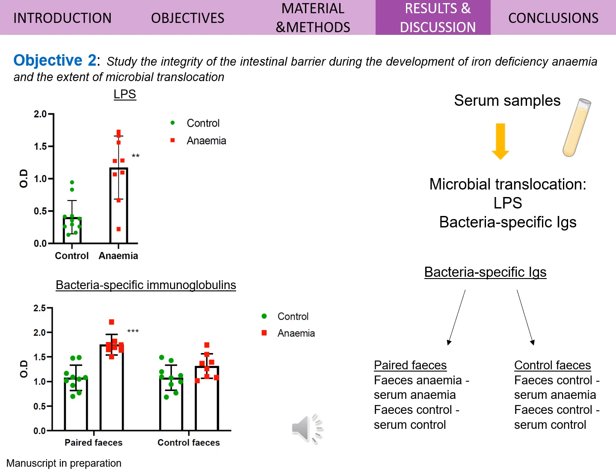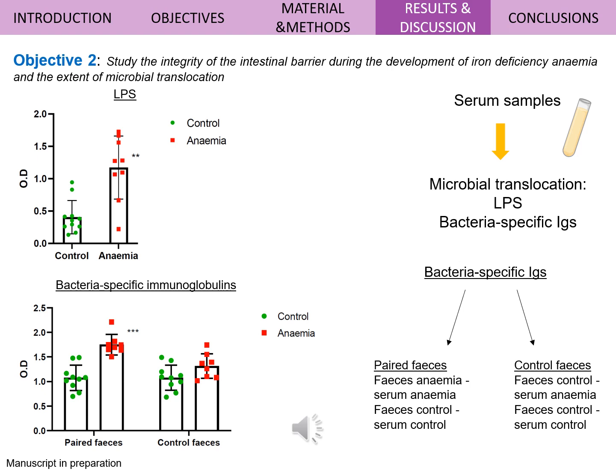However, this increased autologous immune response wasn't reproduced when we used the second experimental design, in which sera belonging to both experimental groups were tested against bacteria isolated from feces belonging to the control groups.